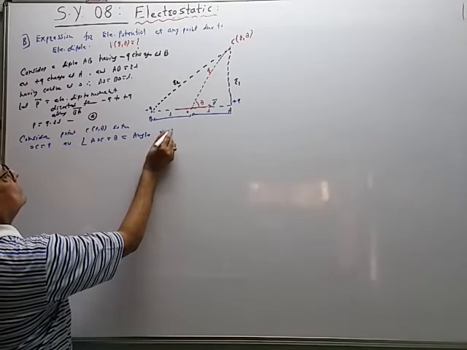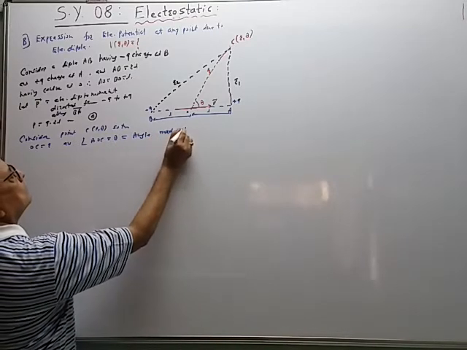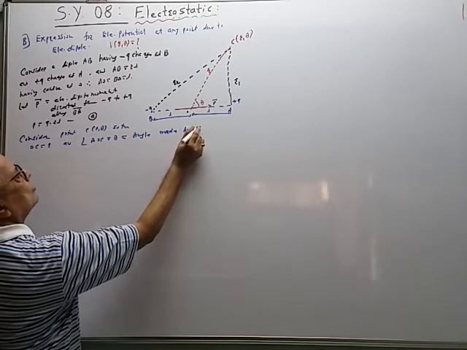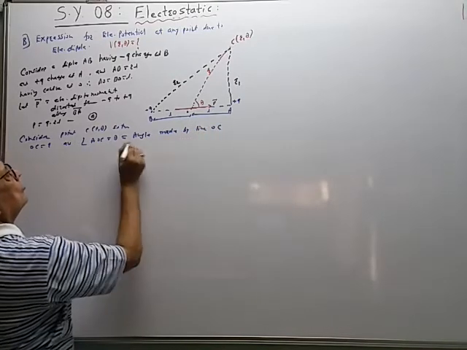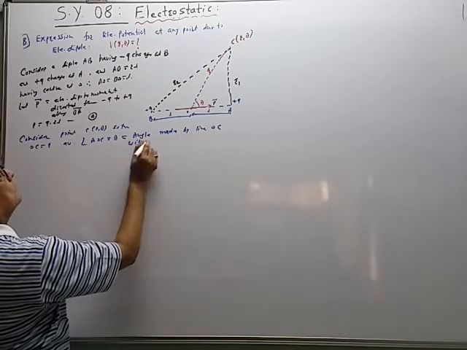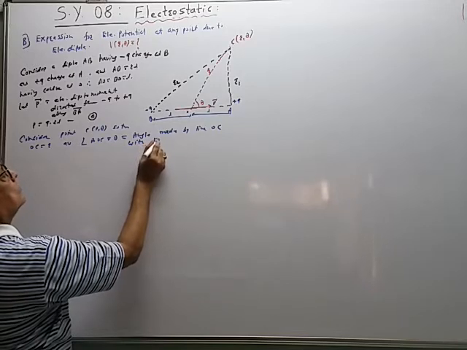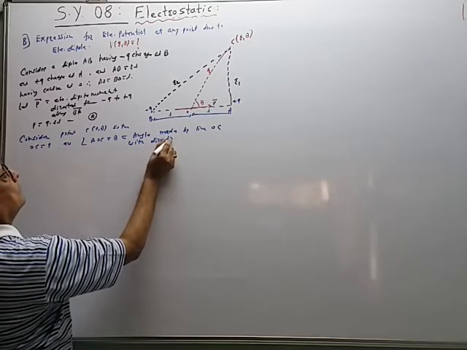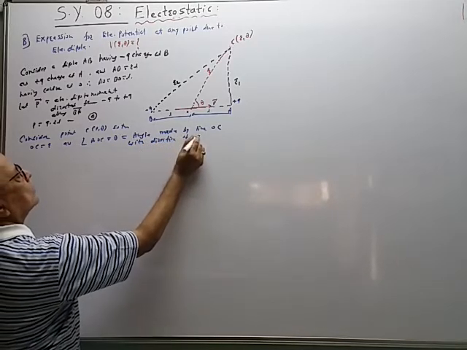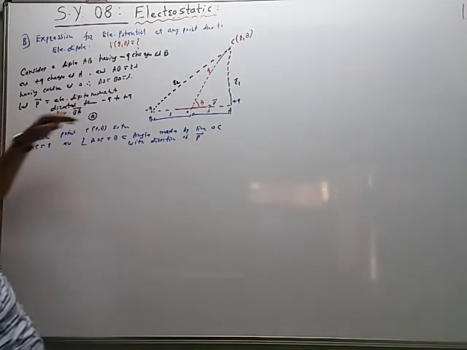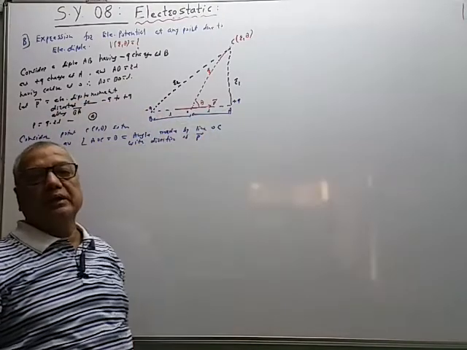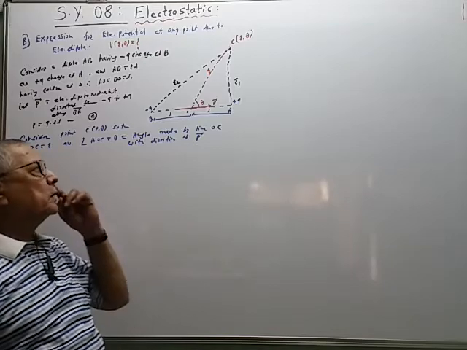Angle made by line OC with direction of dipole moment vector P. P is directed along BA, minus Q to plus Q, like this.